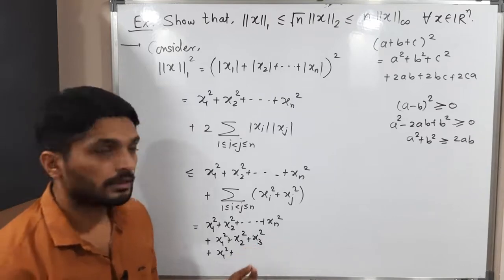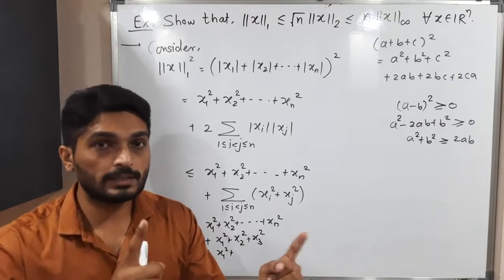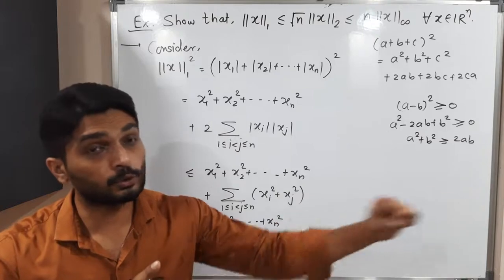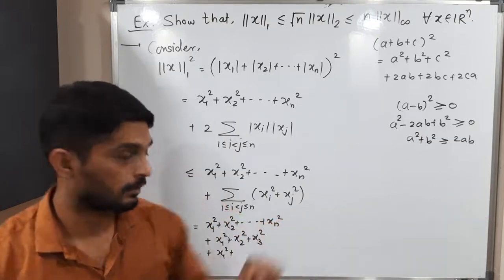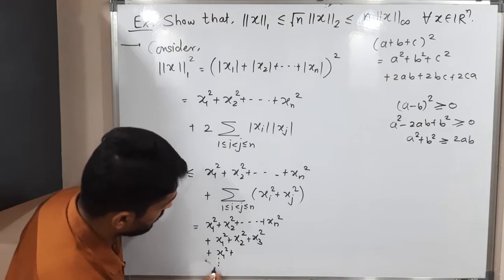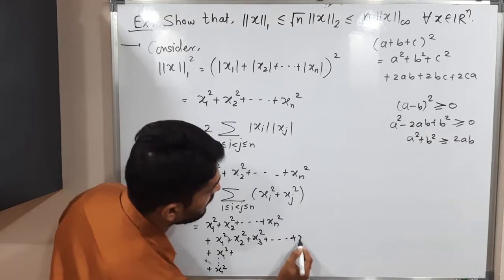After that i is 1 and j is 4, then i is 1, j is 5, then i is 1, j is 6. After that, with i equal to 1, I should go up to j equal to n. So that means x1 will continue in this way, and here we will go up to xn square.